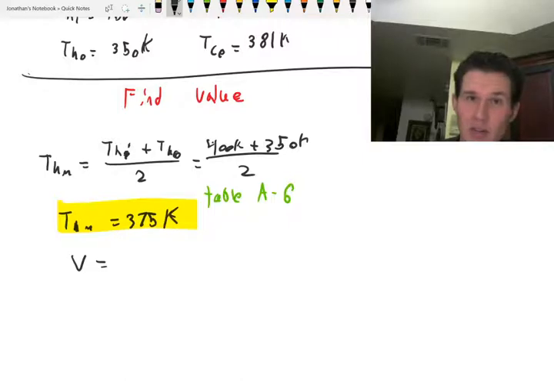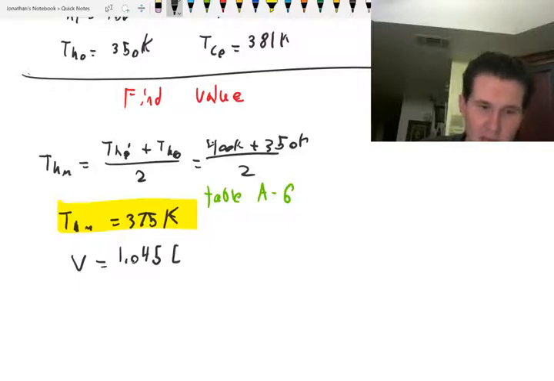I've done this in Celsius before. It wasn't pretty. I looked up the value in Celsius. It did not help me. So let's look here. 375 is going to get us 1.045 e to the negative 3 meters cubed per kilogram.